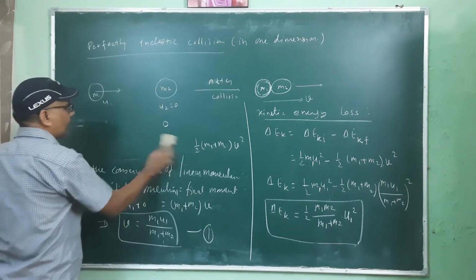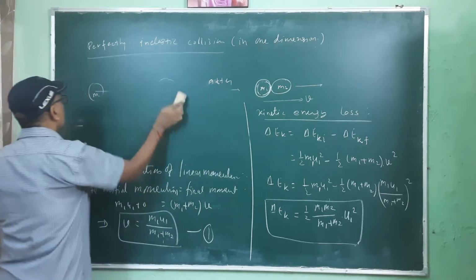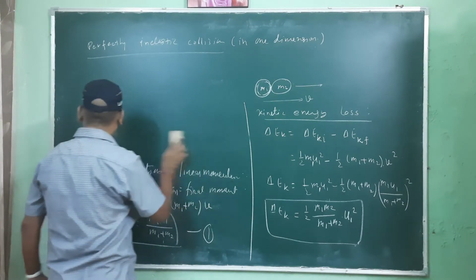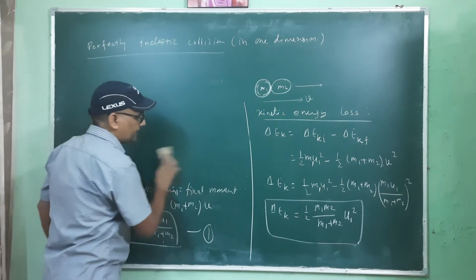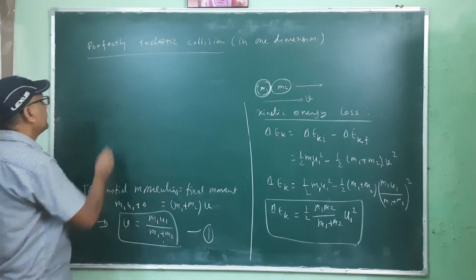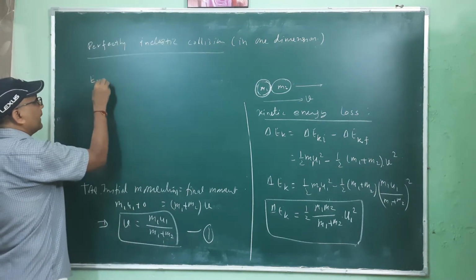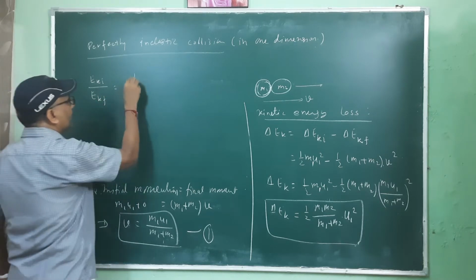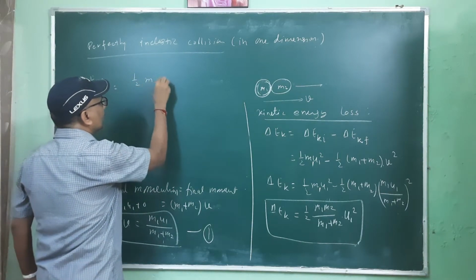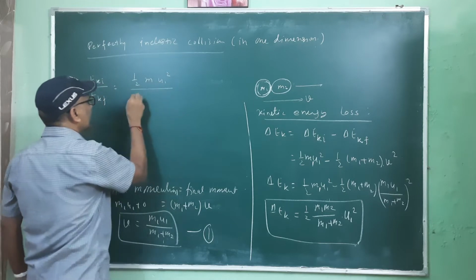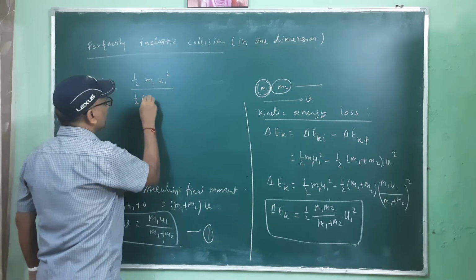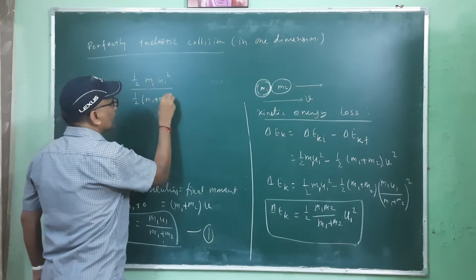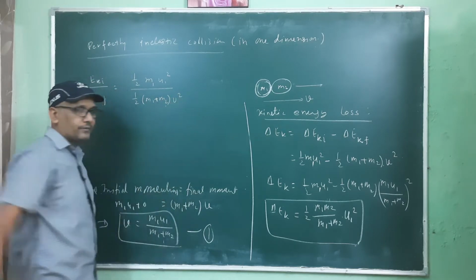So the ratio of final and initial kinetic energy we can get. So if we have this Eki by Ekf, we will have half m1 u1 square upon half m1 plus m2 v square.